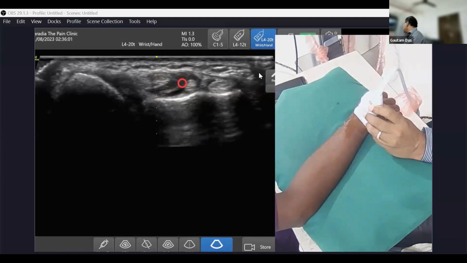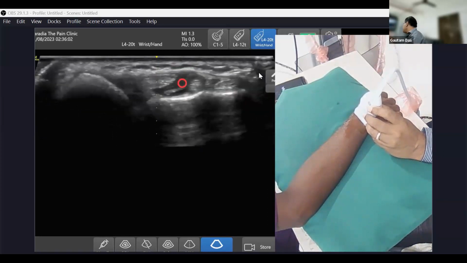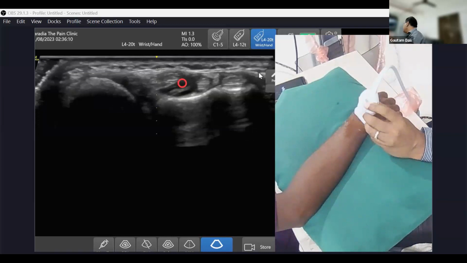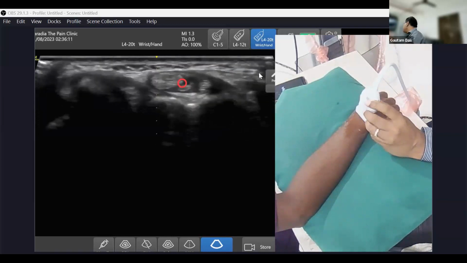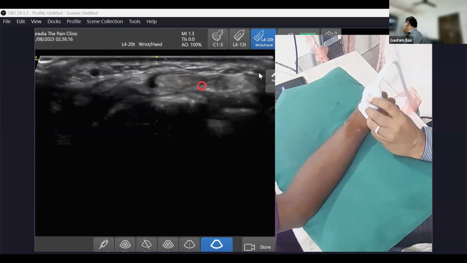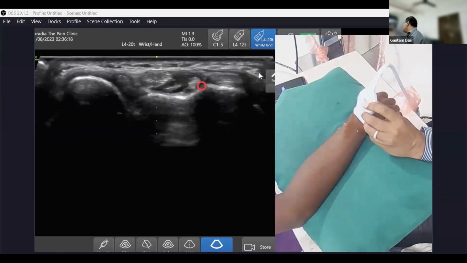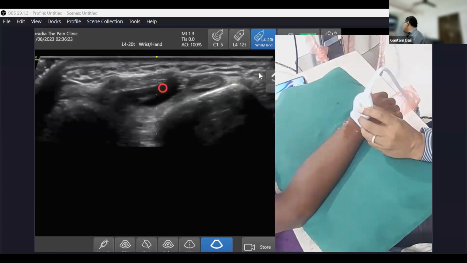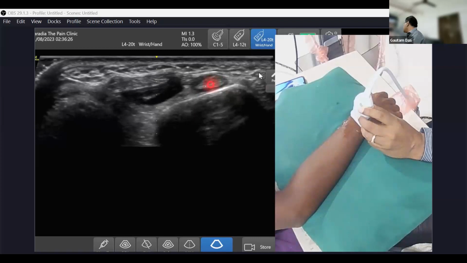Again I am coming from proximal to distal. See what is happening? Extensor indicis is keeping. So this was your extensor digitorum. And if I'm going proximally, you see that this is becoming more muscular, and then extensor pollicis also comes here.